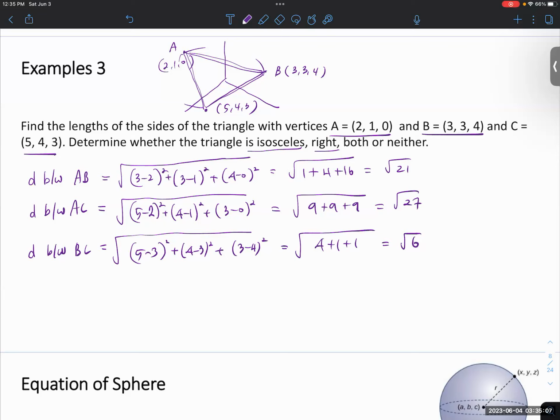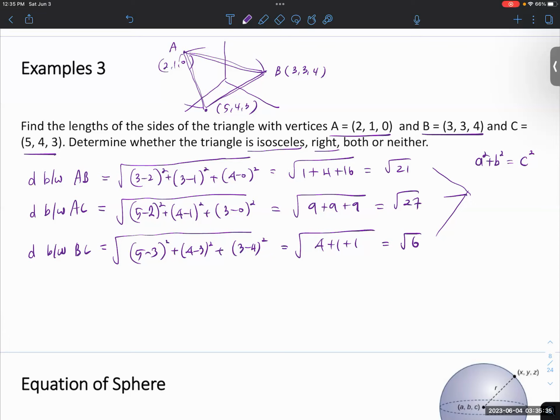So how do I know whether this triangle is going to be isosceles, right triangle, or nothing? We're going to look at the size of those 3 numbers. If I want to prove that it is a right triangle, it must satisfy the Pythagorean theorem. The Pythagorean theorem says that the sum of the squares of two lengths is equal to the square of the last length.